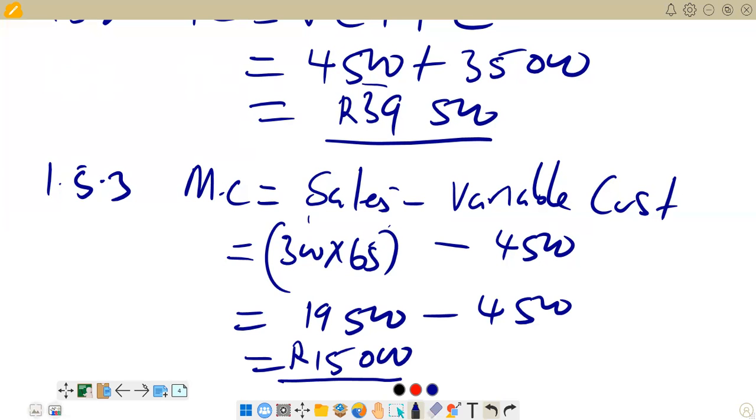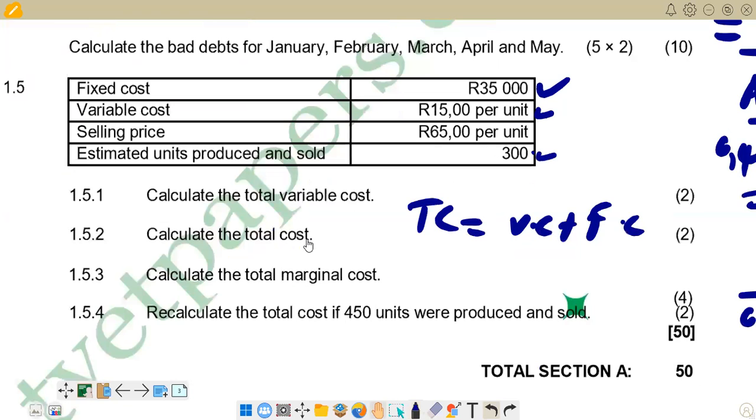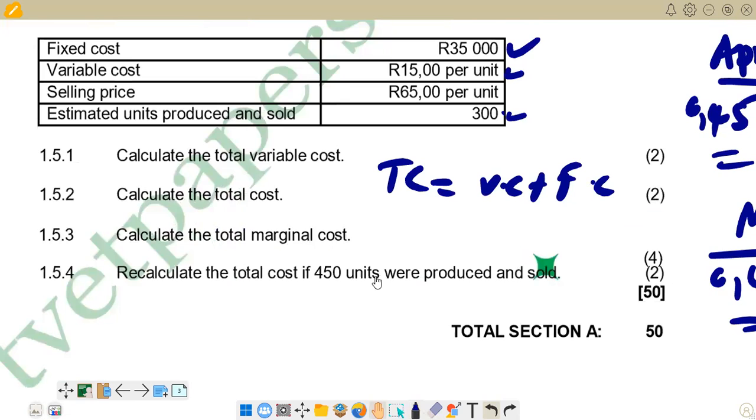Then we check the next question, which says recalculate the total cost if 450 units were produced and sold. So basically, we are just substituting the number of units. Remember, we had 300 previously, so now we have 450. Total cost is variable cost plus fixed cost.